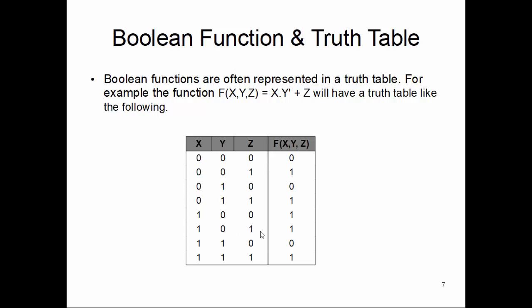If you have to construct a truth table given this expression, x is 1, y is 0, 0 bar is 1, so 1 and 1 is 1, or 1, z is 1, so 1 or 1 is 1. So that becomes your function outcome. So this is converting a function represented as a Boolean expression into the function represented as a truth table.